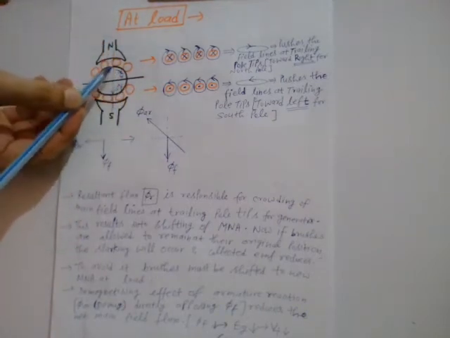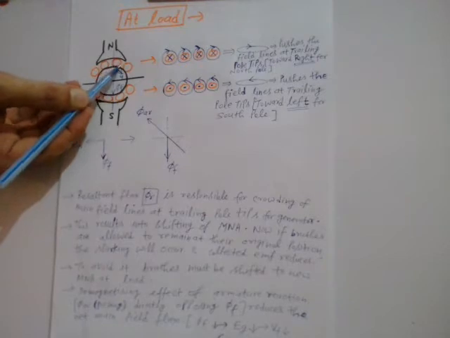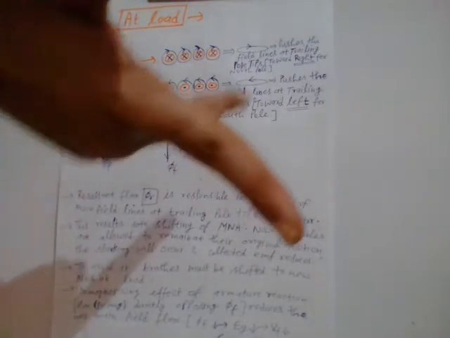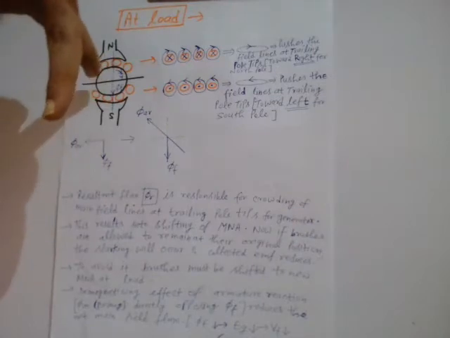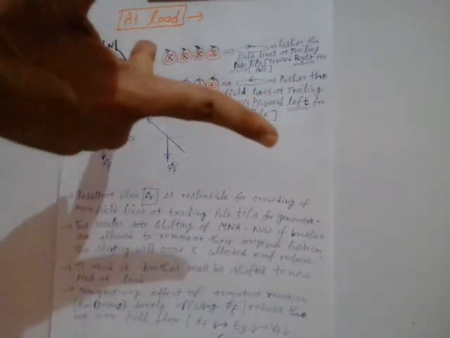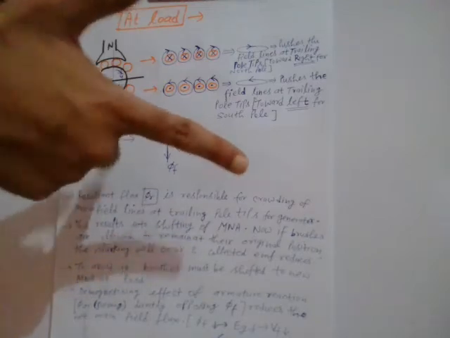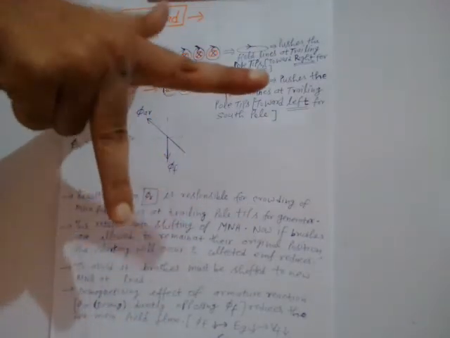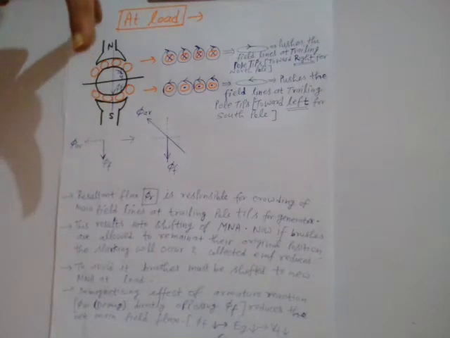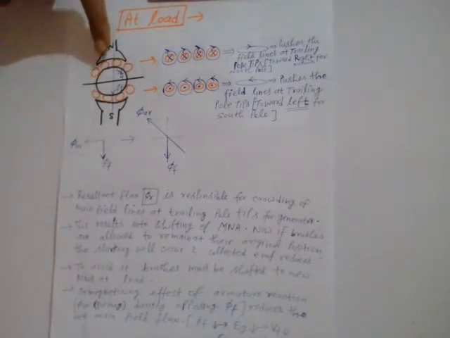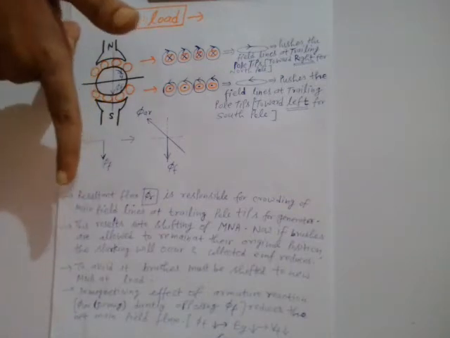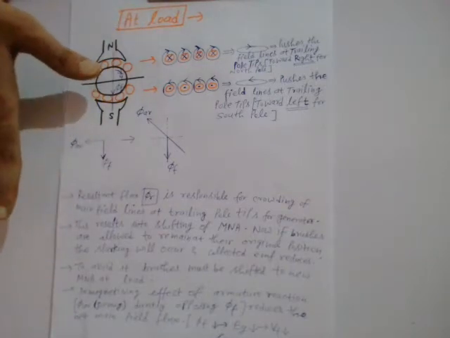So if you analyze this particular rotor conductor and apply Fleming's right hand rule, you will have to do it like this. First of all, adjust these two fingers and one thumb in mutually perpendicular directions, and bring your first finger in the direction of field line from north to south, and bring your thumb in the direction of motion.